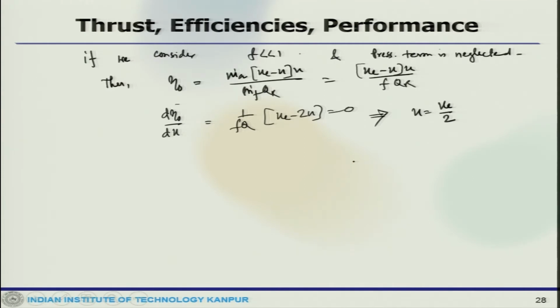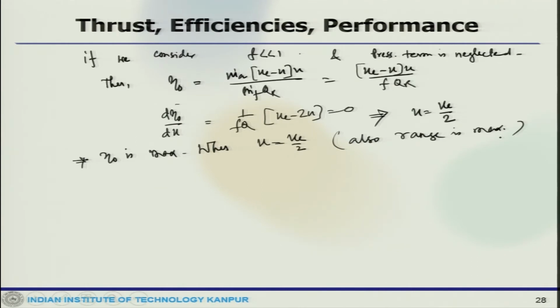We have already seen that eta naught is maximum when u equals u e by 2, and at the same time the range is also maximum, because range is proportional to eta naught.